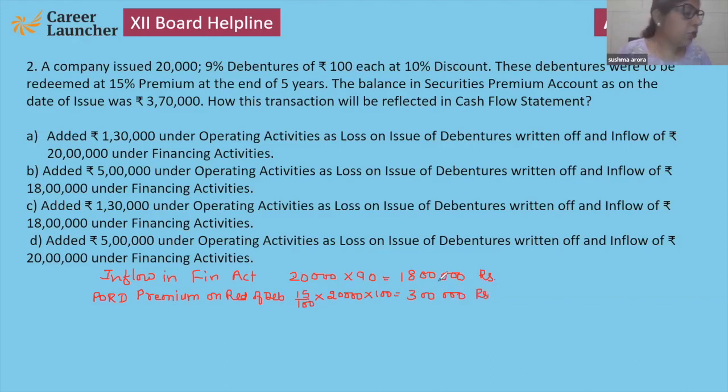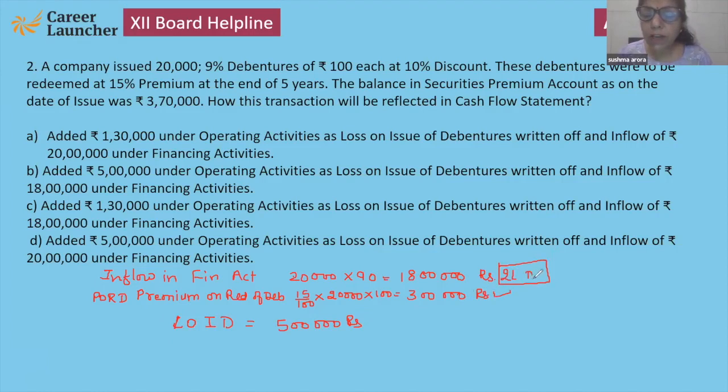Now, there is an easy way to do that. First of all, LOID means loss on issue of debentures. Loss on issue of debentures will be 5 lakh. How 5 lakh? Because 3 lakh is the premium on redemption and 2 lakh is discount.